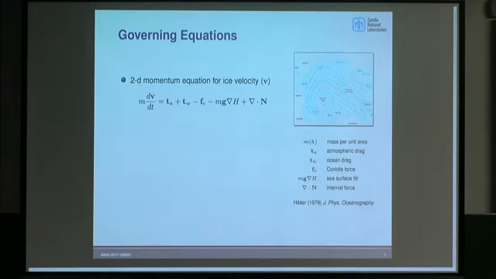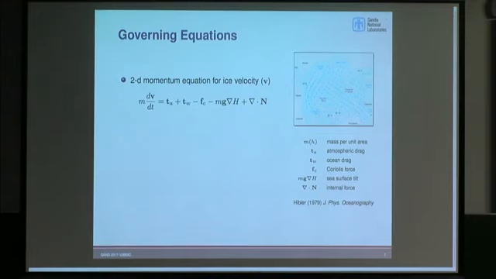So that leads to the governing equations. We've seen some of these before in the presentations, but I'll go over them a little bit more to summarize. We solve a 2D momentum equation for ice velocity in these climate models, and you can think of this as a shallow ice approximation.